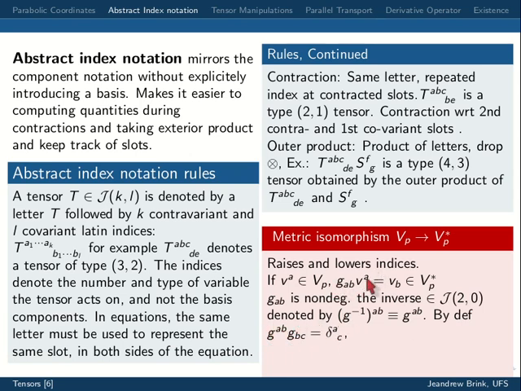This one where it raises and lowers indexes is useful. This one where you multiply the two metrics together to get the delta function, or the Kronecker delta, with one covariant index and one contravariant index, that's also very useful. And a lot of equations, or results, we can derive just by following these rules.